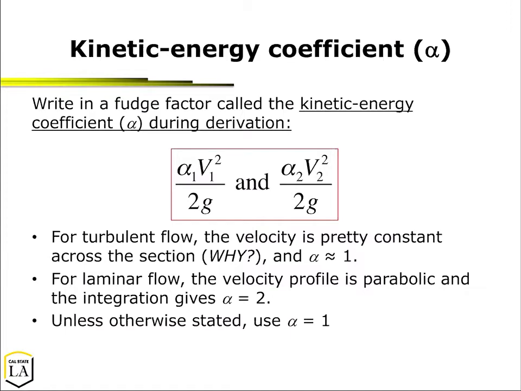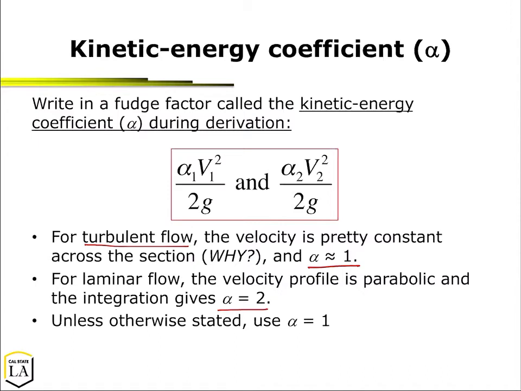So the alpha is approximately 1. Again, for turbulent flow. For laminar flow, so this is when we have very slow moving flow, very low velocities, the velocity profile is approximately parabolic, and the integration gives you alpha equal to about 2.